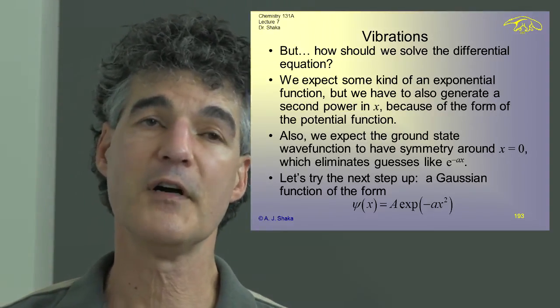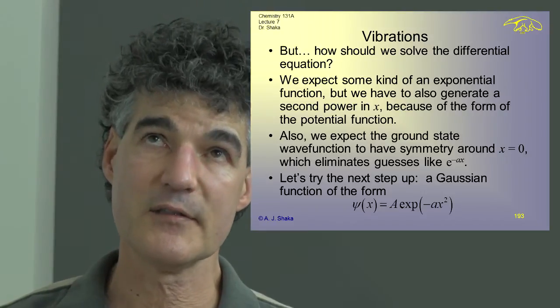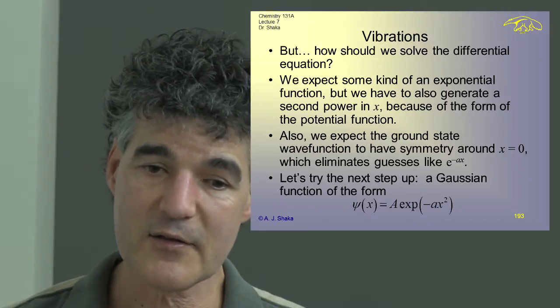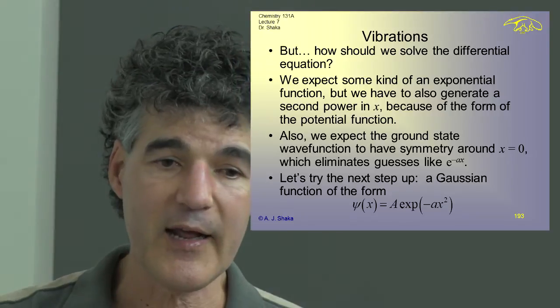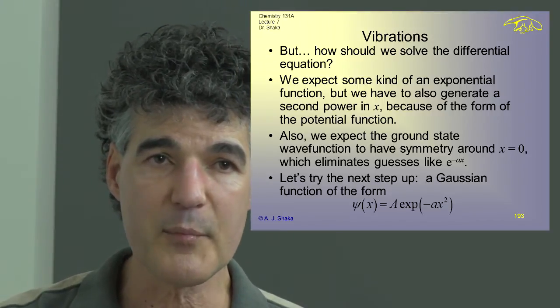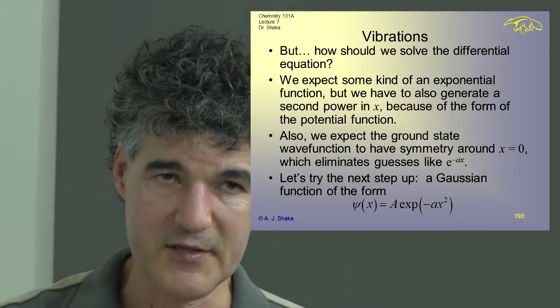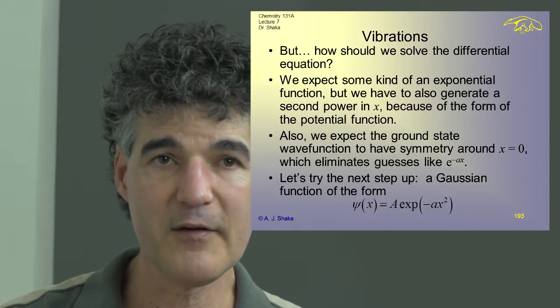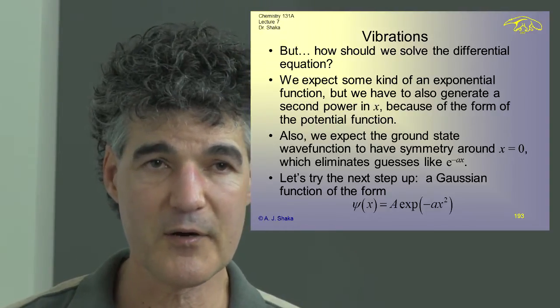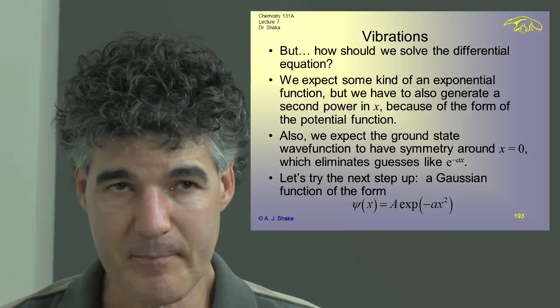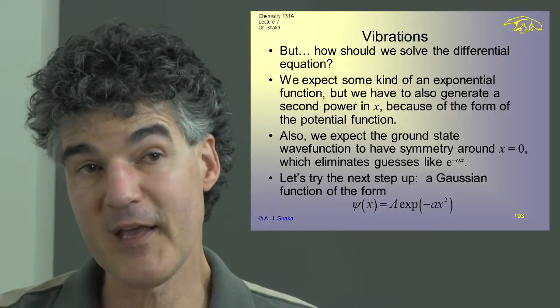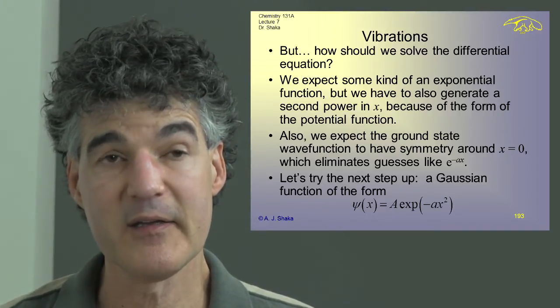Therefore, I need to have a function that generates itself again, so I can get this part. And I need it to generate a little other garbage times itself so that I can get rid of the 1/2 kx squared, which I want to go away because there's no 1/2 kx squared on the right-hand side.